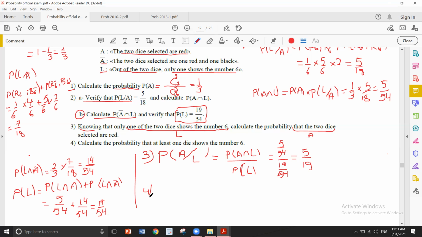The last part, calculate the probability that at least one die shows the number 6.